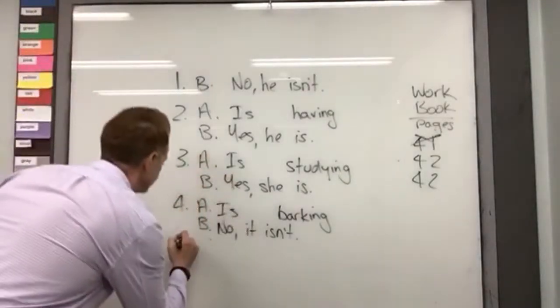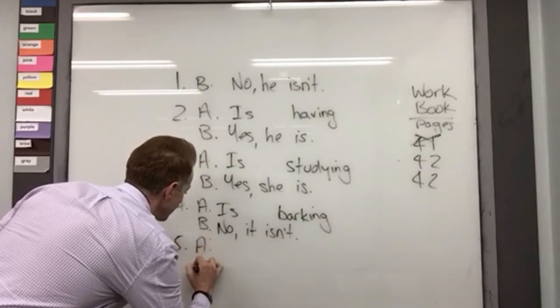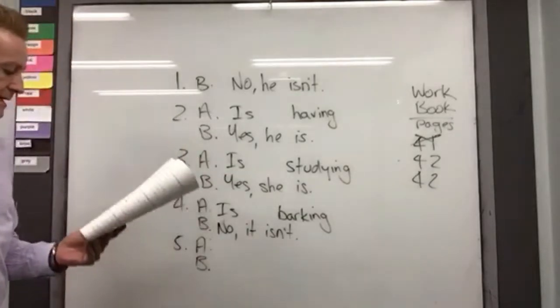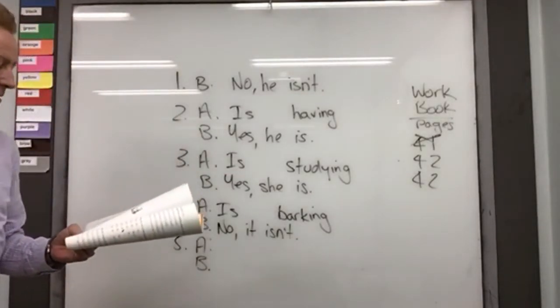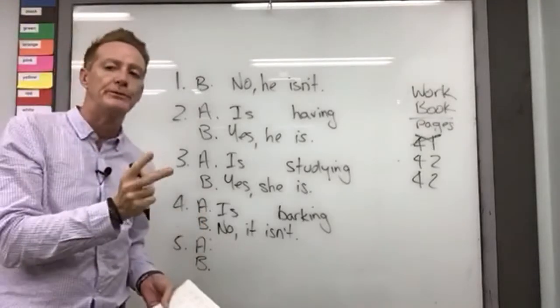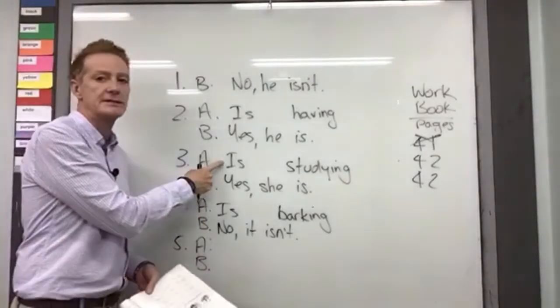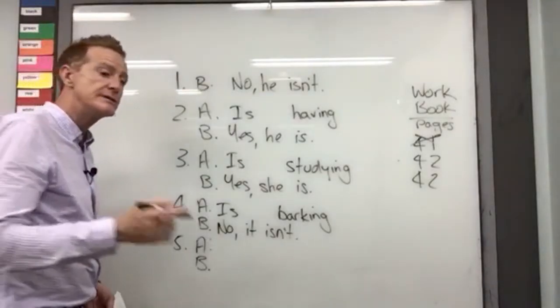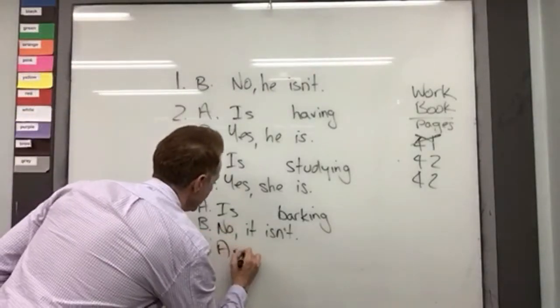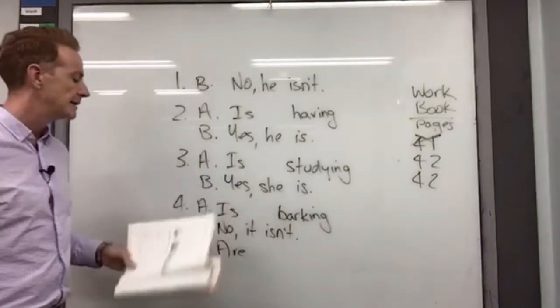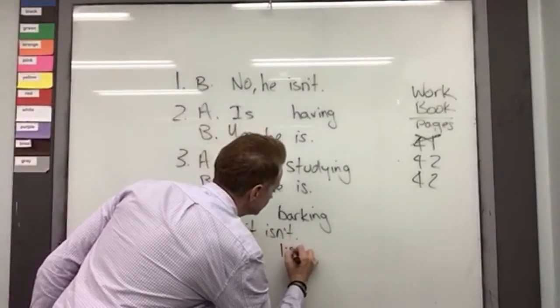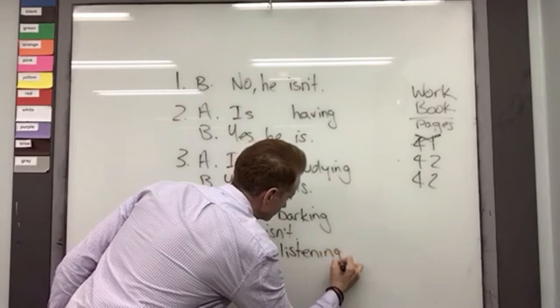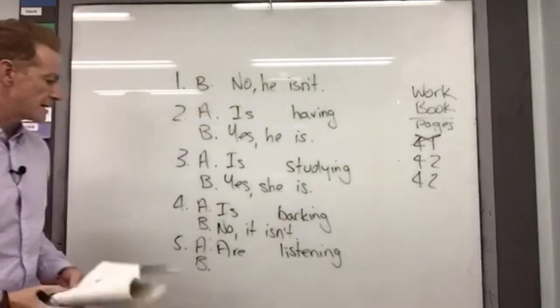So we're just going to use it for the dog. All right, last one, number 5. A and B. I hope you can see that. The word is listen, Tom and Jack. So we have 2 people now. So we don't use is because that is for one person. What do we use for 2 people? We use are. So are Tom and Jack listening to rap music?